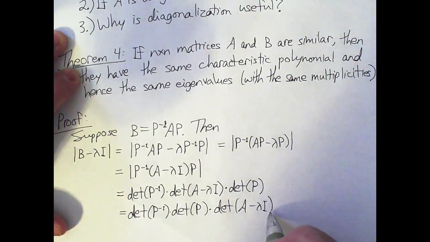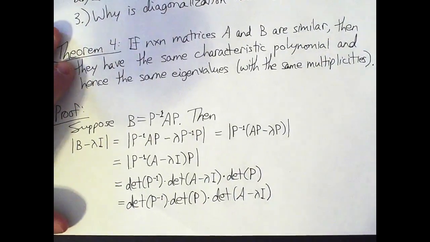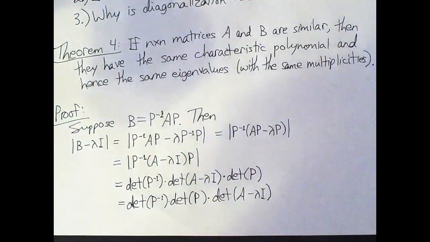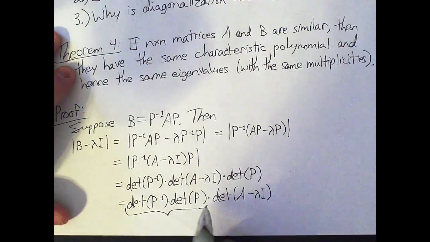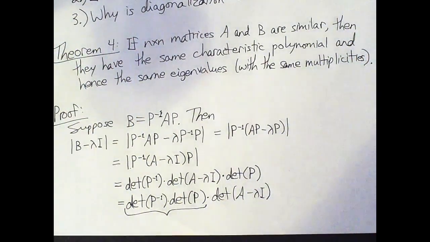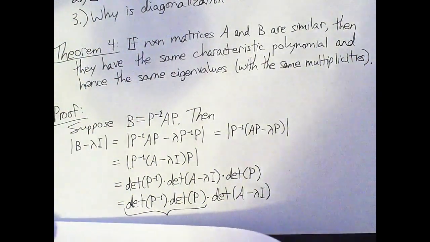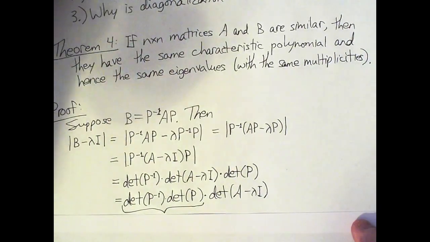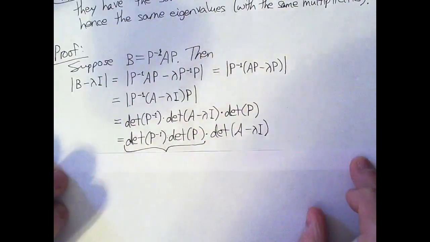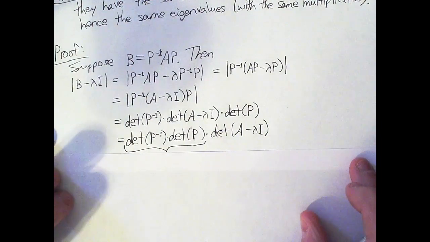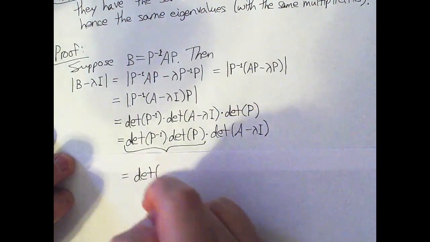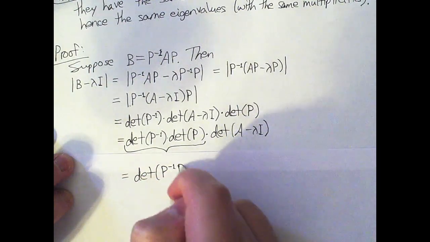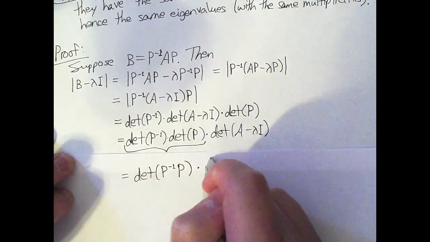Multiplication is commutative for real numbers. And now these two things can actually be combined. I guess I need to do this on a new page. By doing the reverse of that property that I just did a minute ago, we could merge those together into that.